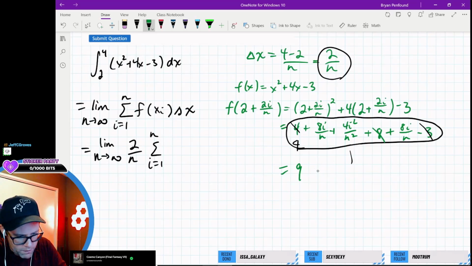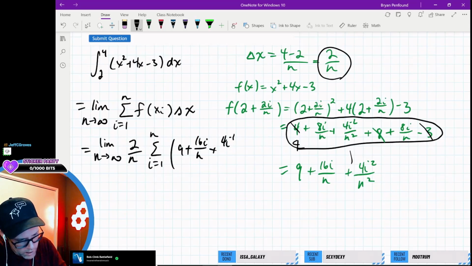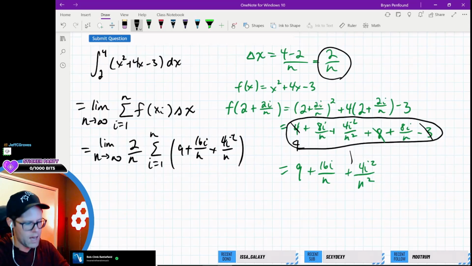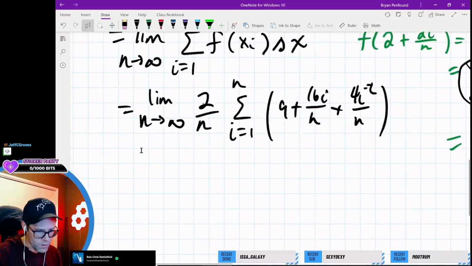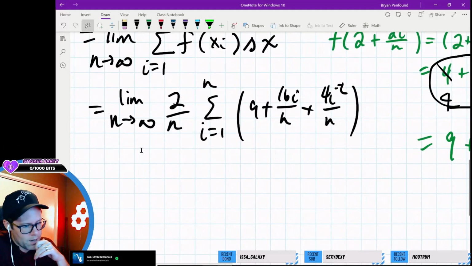Then we have 16i over n, and then the 4i squared over n squared. And that's what we need here. So 9 plus 16i over n plus 4i squared over n squared. So we're going to zoom in and start focusing on what I think is the limit that we need.